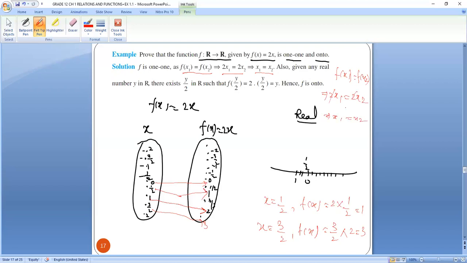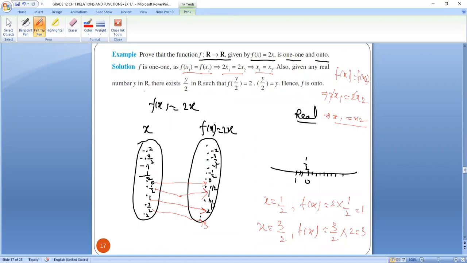If mathematically it happens, then we say that the function is 1-1. Otherwise, diagrammatically you must know that every element of the domain is connected to a different element of the range, every image has only one pre-image, and every element of the domain is connected to only one element in the range, right?